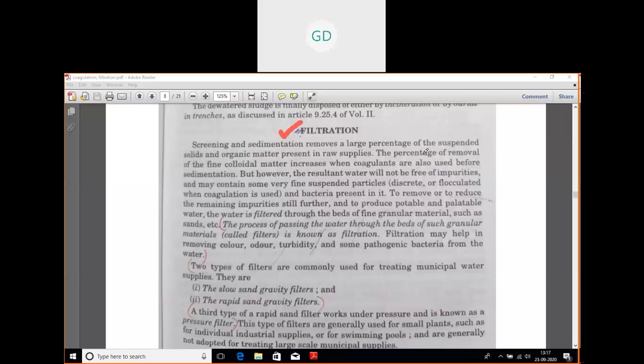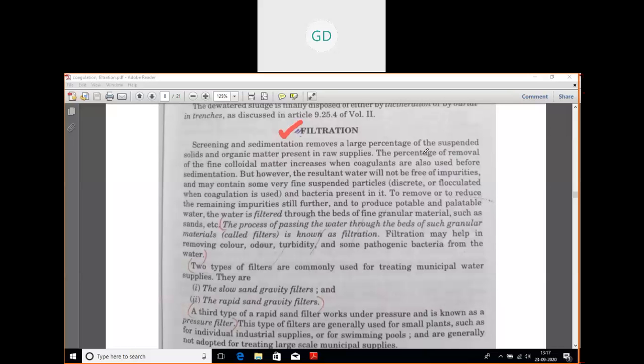No, because even after adding the coagulants, there are very minute suspended particles present in that water that still keep floating, and also there are bacteria.